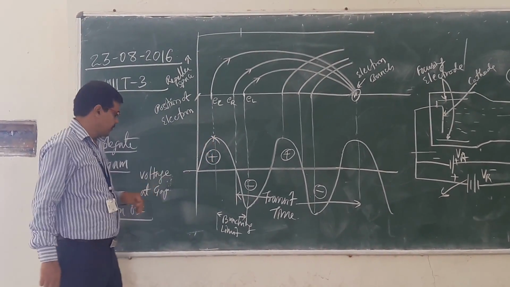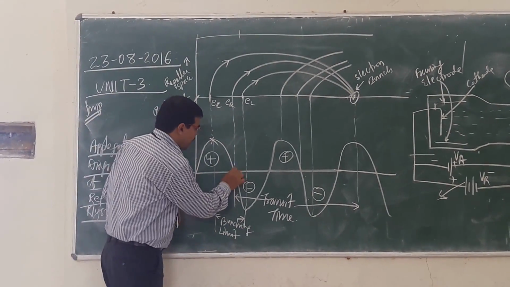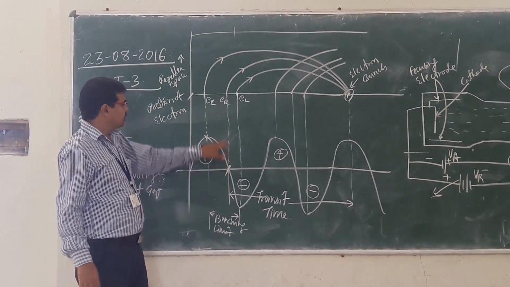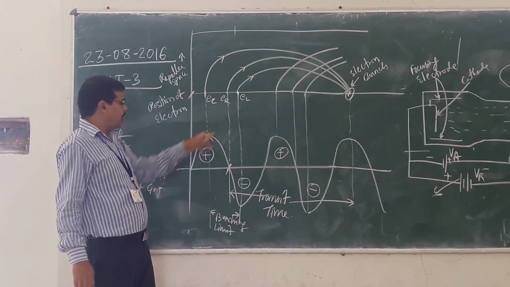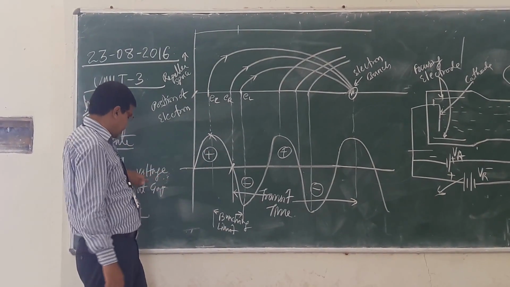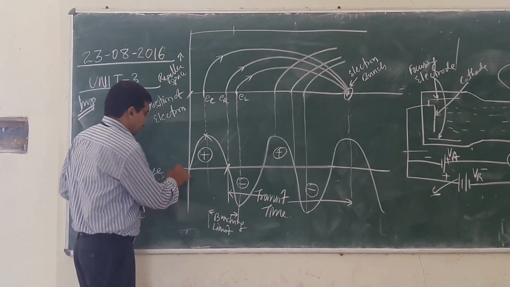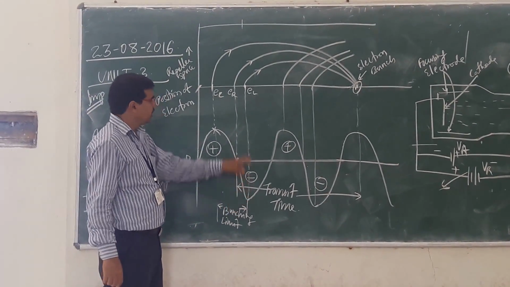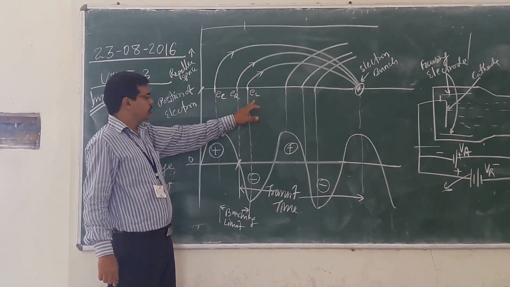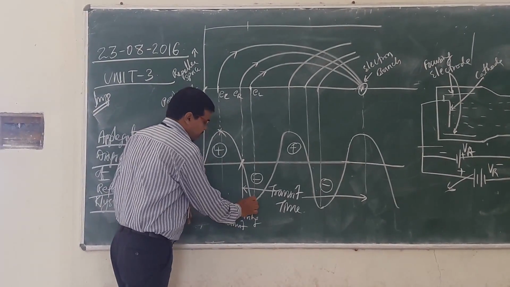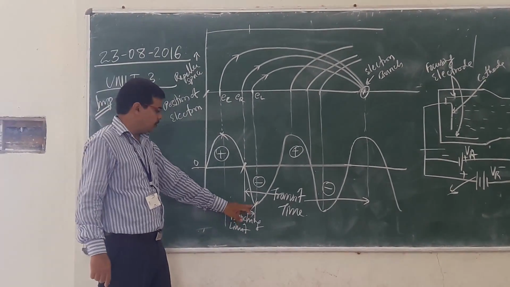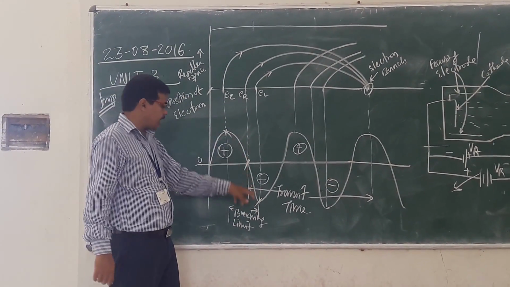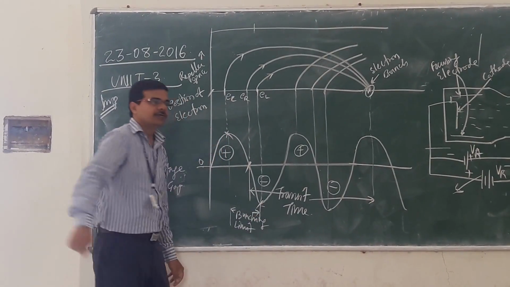Then you have this electron, which is your reference electron. When the reference electron reaches your gap, during that time the voltage was 0. And third, this is your late electron. When it reaches the gap, the voltage at the gap was negative.